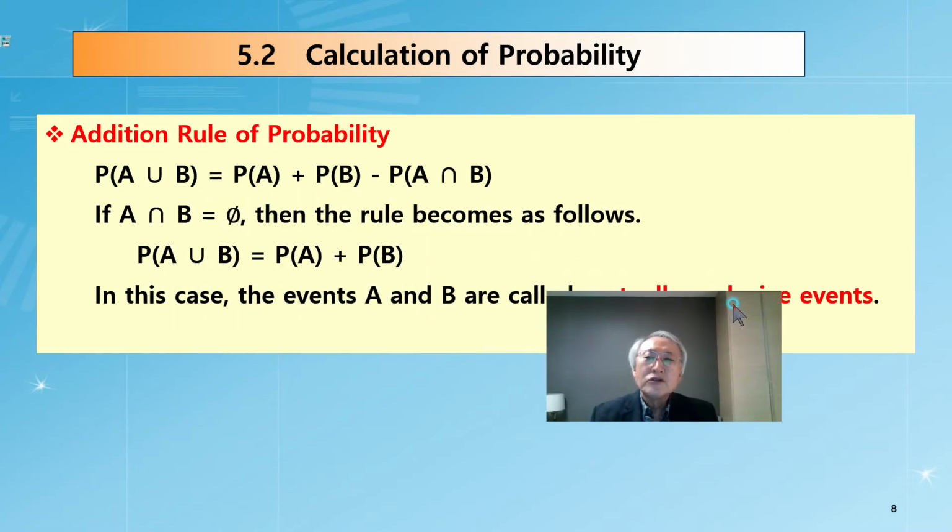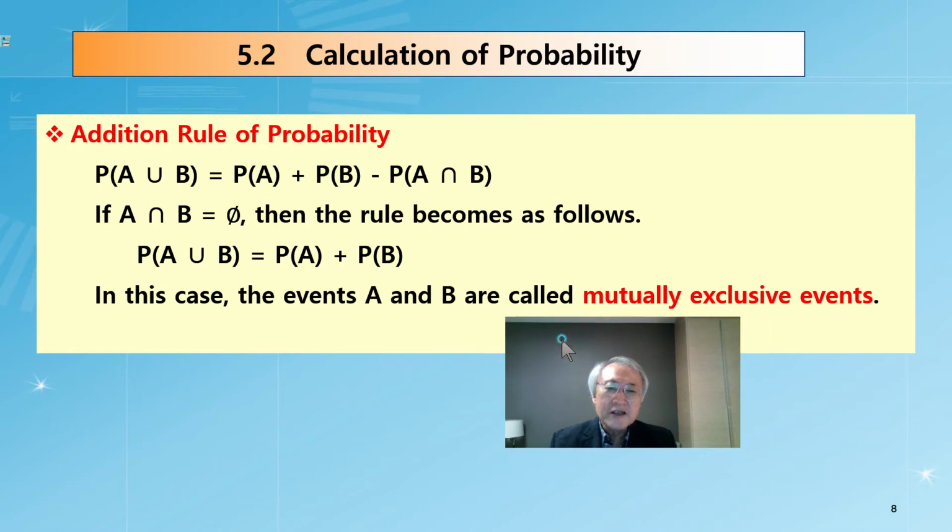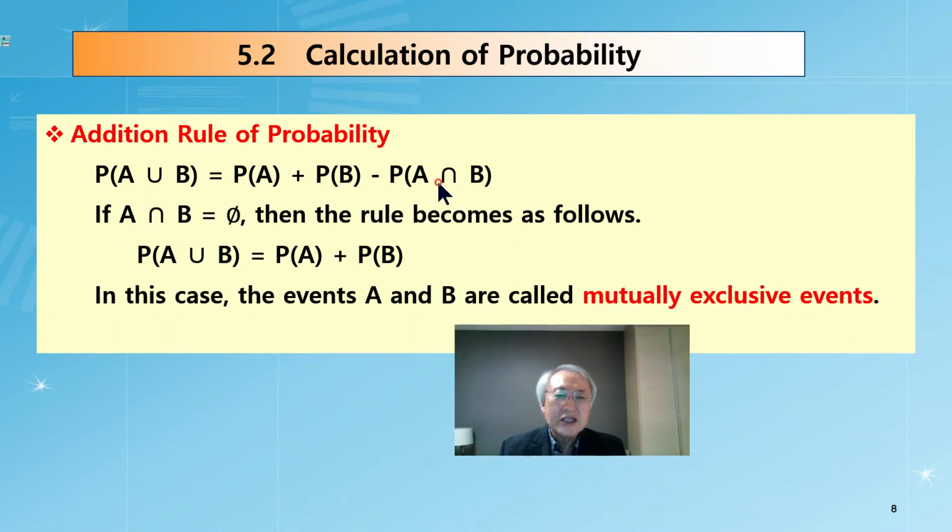We call this the addition rule. This is the general rule. A union B can be presented in this way. There is a special case. This intersection event is null. In that case, it is just the addition of two probabilities.